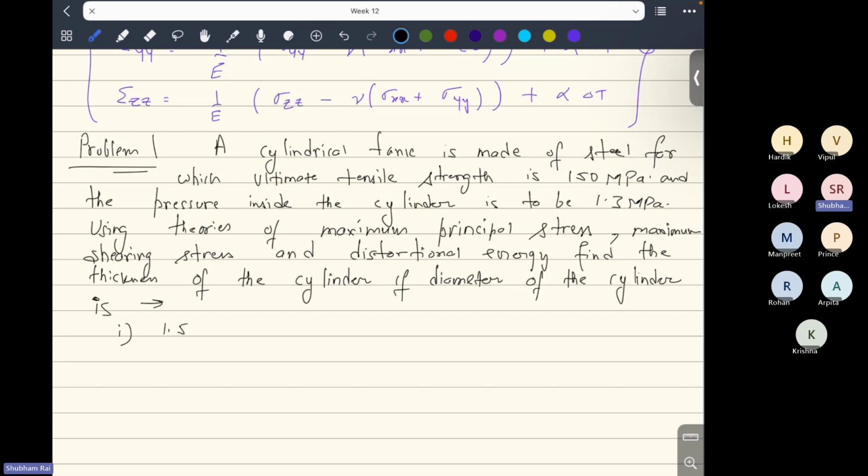So let's say you have 1.5 meter as the diameter, 1 meter as the diameter, and 0.5 meter as the diameter.